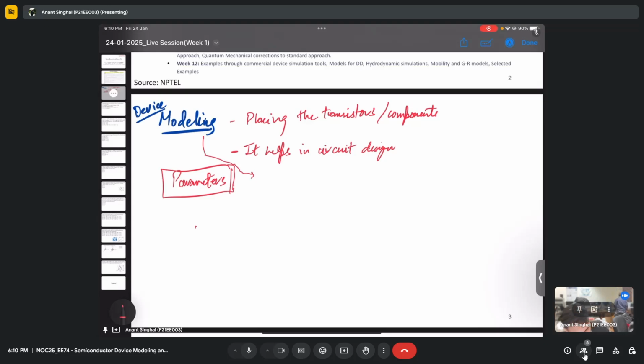Let me give you a very basic idea of what modeling is and why it is required. You might have heard of fabricating certain chips. We have silicon wafers on which we fabricate MOSFETs. I'm hoping you are all familiar with MOSFETs and diodes at least, that is very basic.